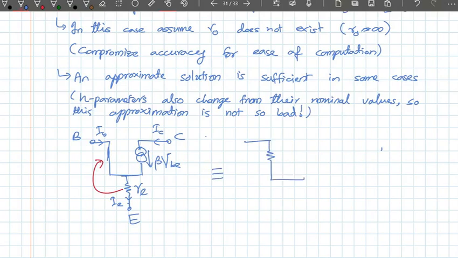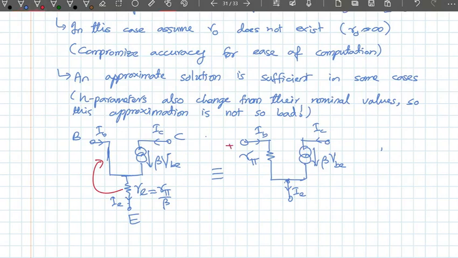So we move the resistor to the base side, so you have R pi, and this is Re times beta, because Re is equal to R pi divided by beta, and we have the other parameters, the beta times IB and IB, IC, and IE.